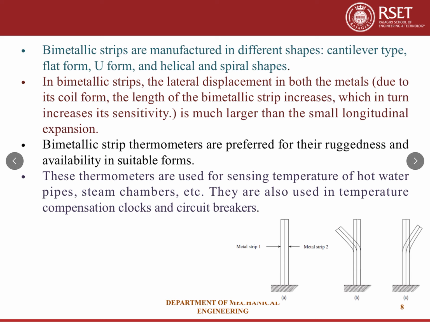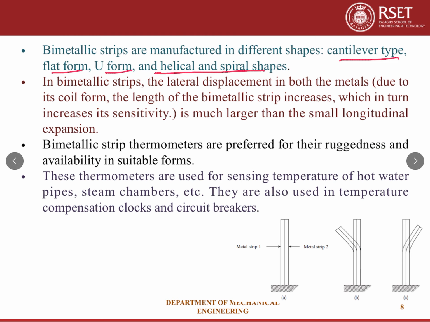Bimetallic strips are manufactured in different shapes: the cantilever type, platform, U-form, and helical and spiral shapes. In a bimetallic strip, due to its coil form, the length of the bimetallic strip increases, which in turn increases its sensitivity.